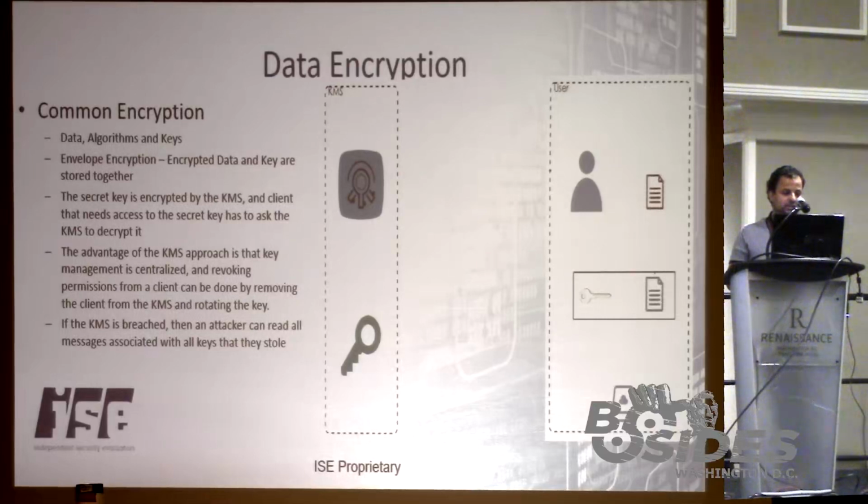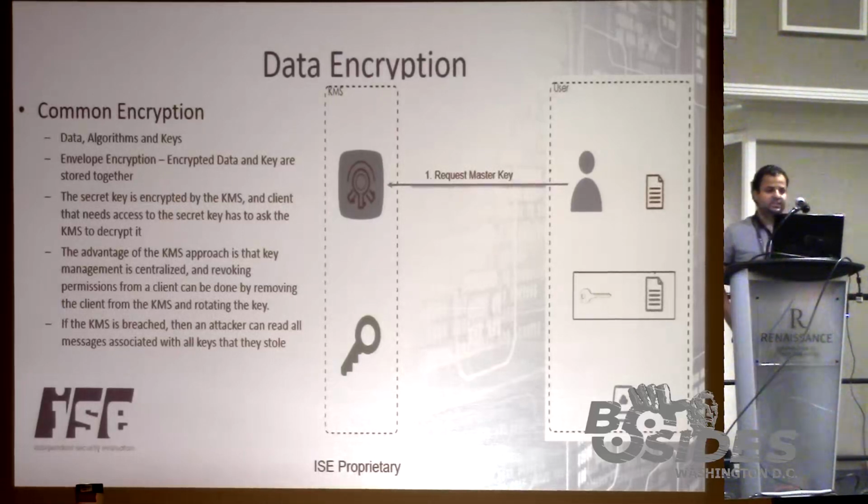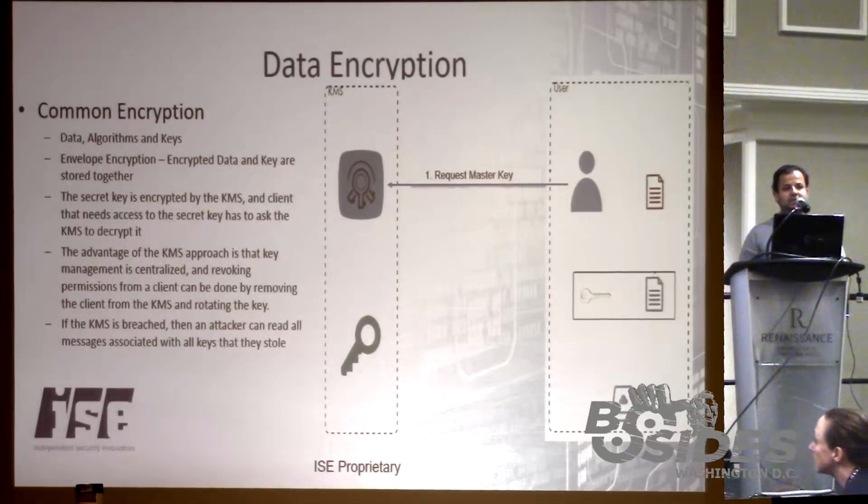The way it works is that you have a user or an application which requests a data key or requests a master key to be created, and then some kind of cloud key manager or on-premise key manager creates that key, which in different worlds is called CMK, customer master key, or master key or master secret.